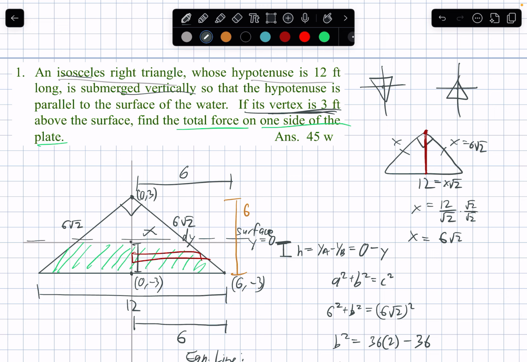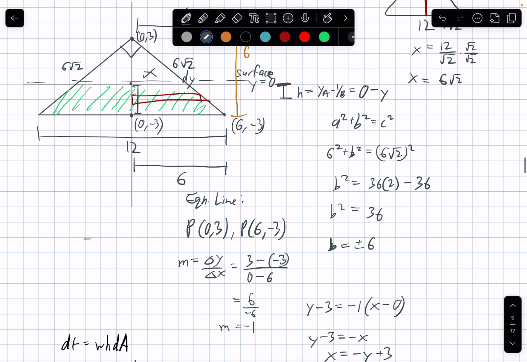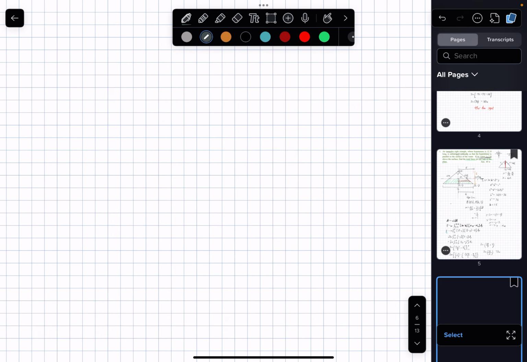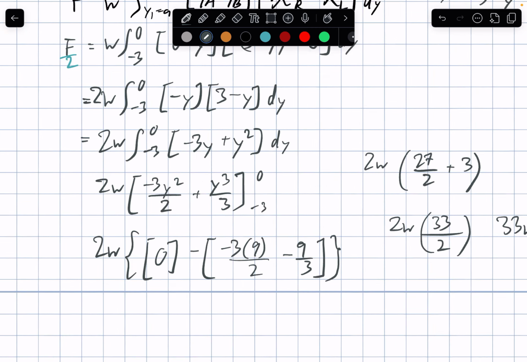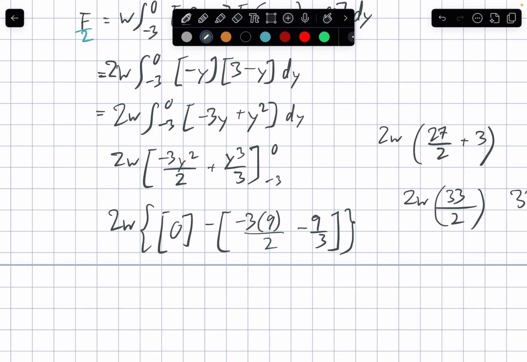Doesn't look right. -3 raised to 2 plus 1. So far so good. This one's correct.